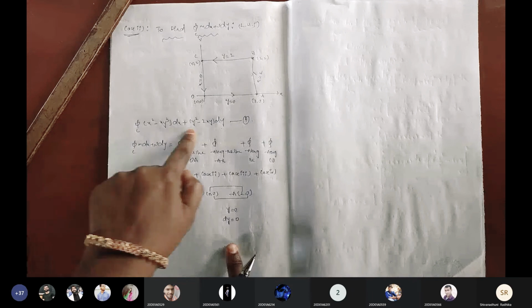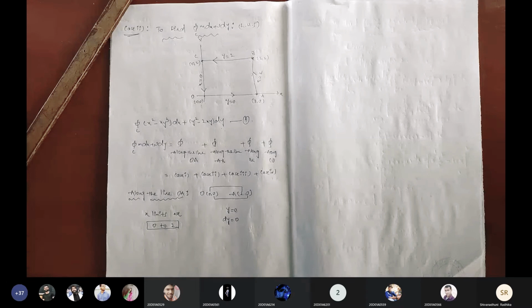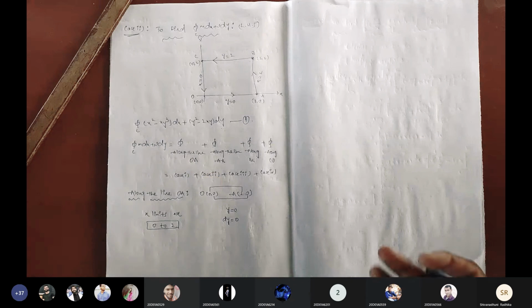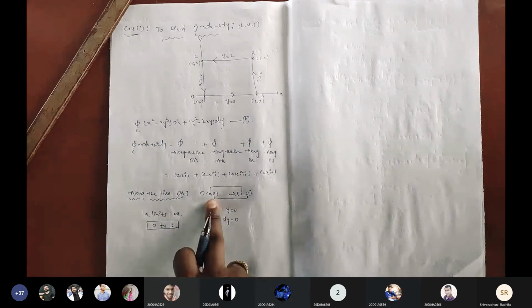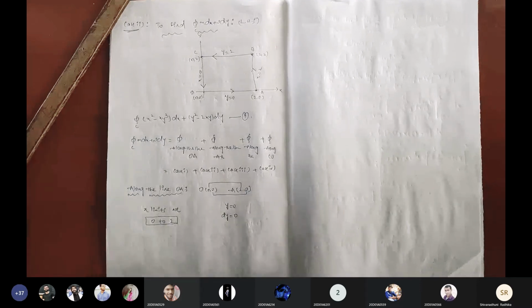Actually, the line integral has two variables but only a single integration. We have to integrate with only one variable, but this complete expression has two variables. So that's why we are using these points, eliminating one variable. Is it right?